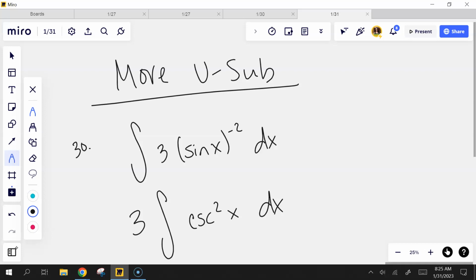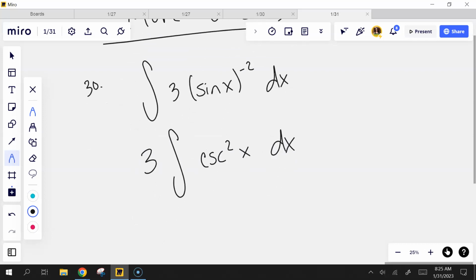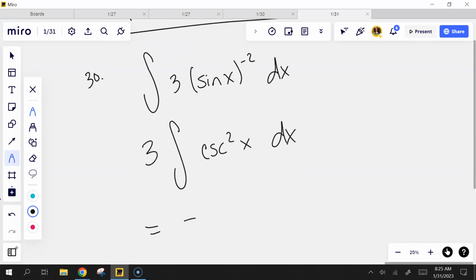All right, so what about here? This is straight off your green sheet. What's the antiderivative of cosecant squared? Negative cotangent. So negative 3 cotangent x. Oops. Don't forget your plus c.